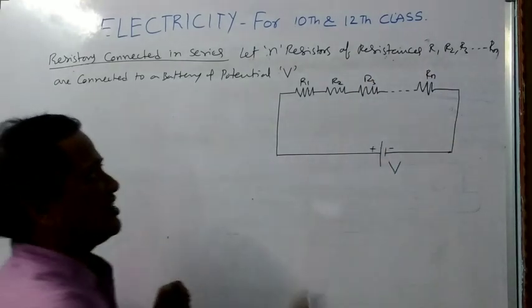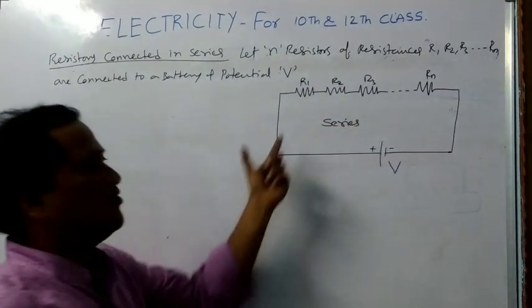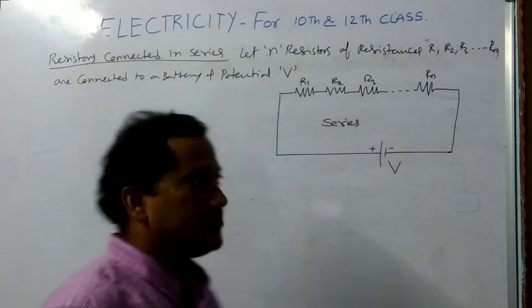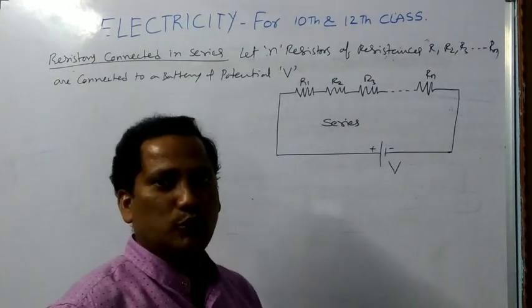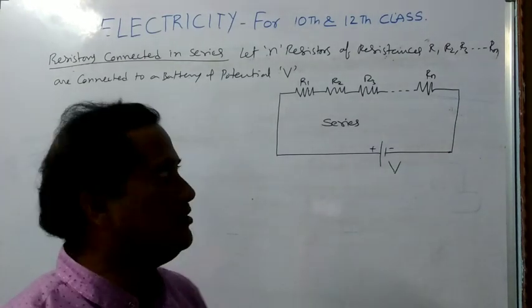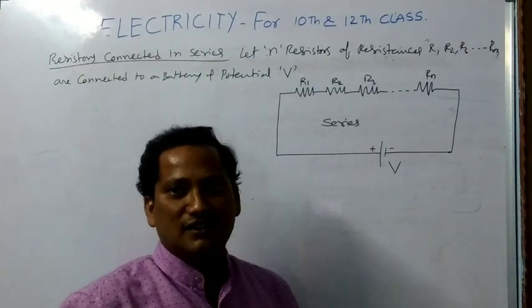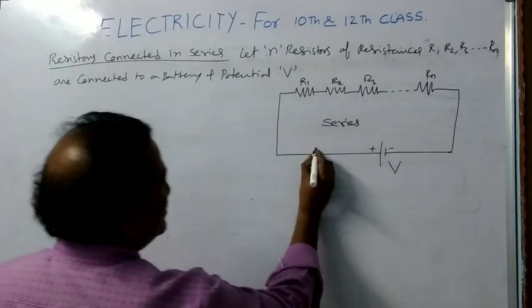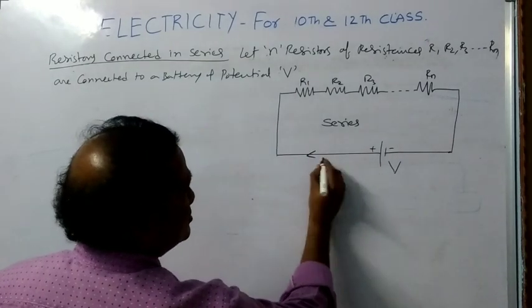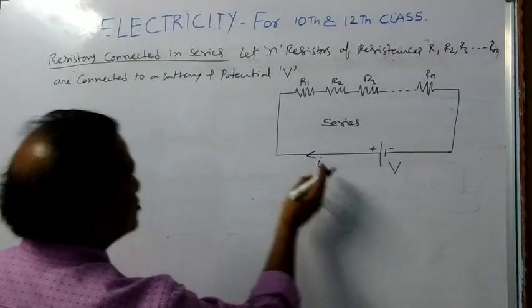So these are connected in series. Series connection will be like this. Now in series connection, you have to remember a very important point. In series connection, potential will be changing, current is constant. Remember this. If they are connected in series, potential is there, so current will pass through the circuit. That is, current is constant.